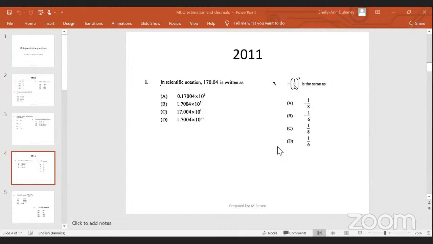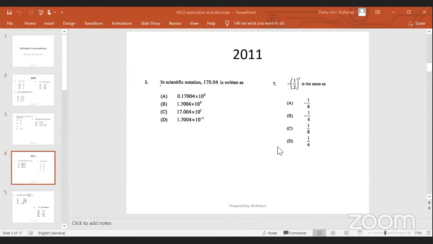So again, remember what I said? Miss, we can't see the screen. You're not seeing the screen? No, miss. For real? All right, hold on. I'm seeing the screen, it's just stuck on a different question. You're not seeing question 6? No, I'm seeing questions 1 and 7 from 2011. Hold on. What are you seeing now? The same.